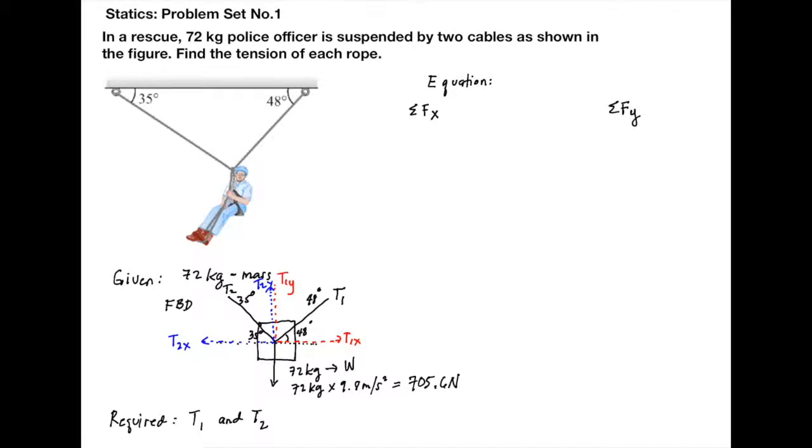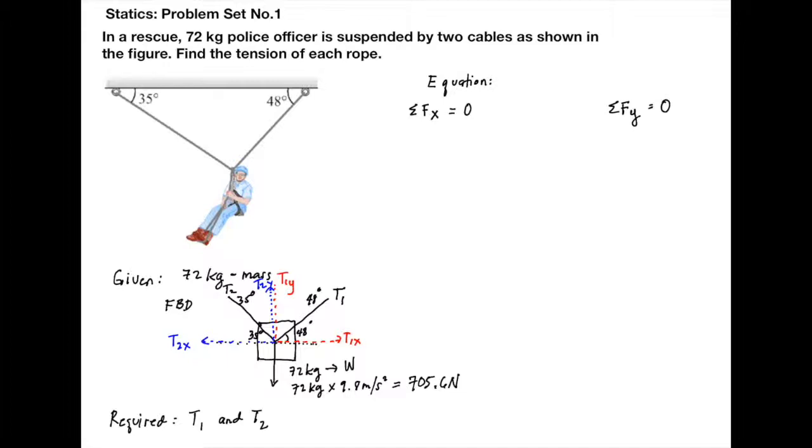Now, since this problem involves statics, meaning it requires objects which are stopped, or just hanging, or at rest, therefore, we could assume that the summation of all forces in X is 0, and the summation of all the forces in Y is 0.